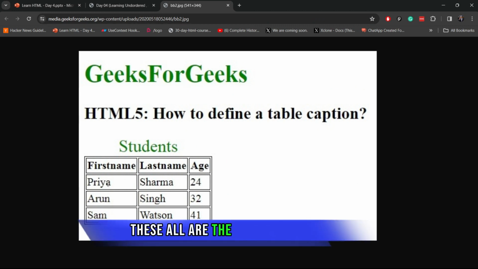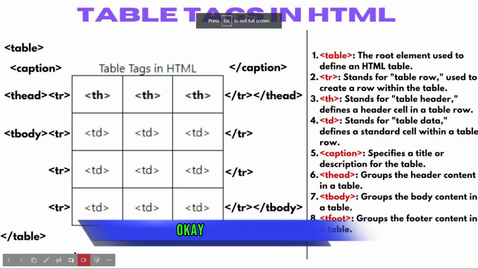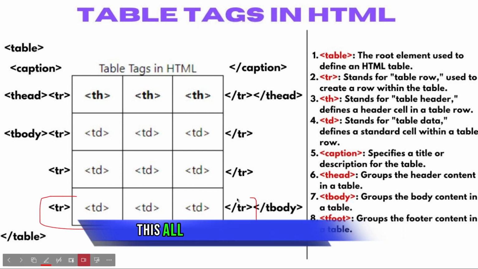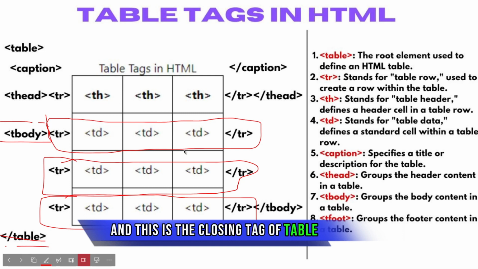These all are the table data: Priya Sharma 24, Arun Singh 32, Sam Watson 41. So as you can see, these all are the table rows that define table data, and this is the table body, and this is the closing tag of the table.